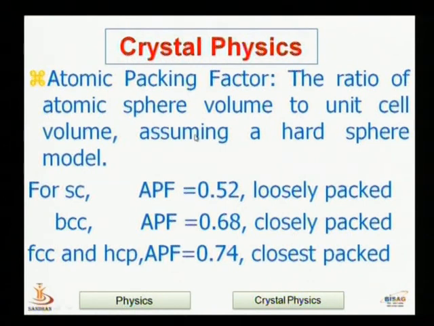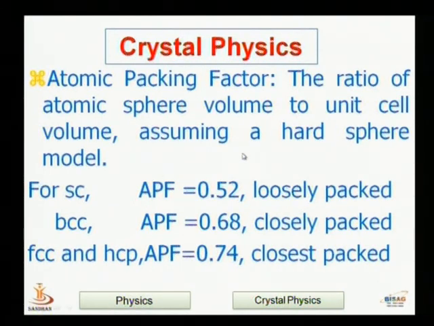We can also define the APF, atomic packing factor. It is the ratio of atomic sphere volume to the unit cell volume, assuming a hard sphere model. If you calculate the value of APF, for simple cubic it is 0.52, for BCC it is 0.68, and for FCC and HCP it is 0.74.